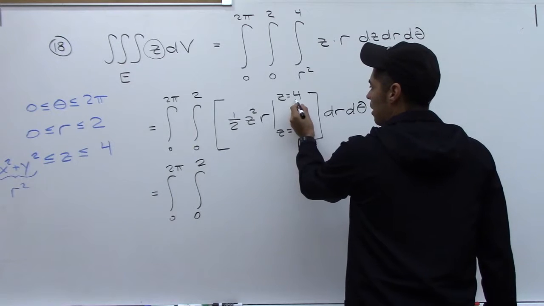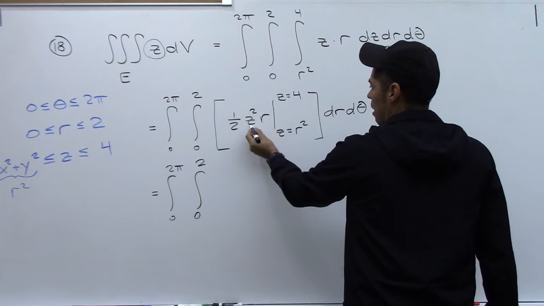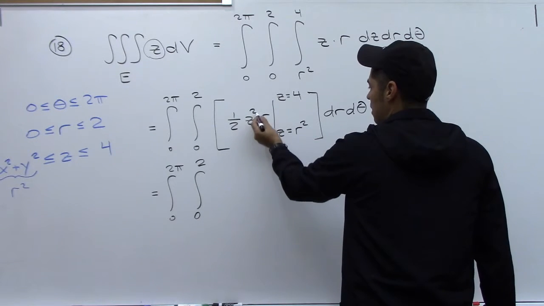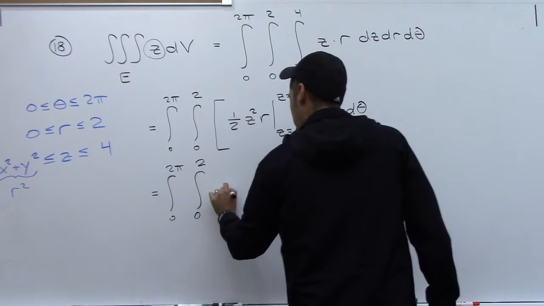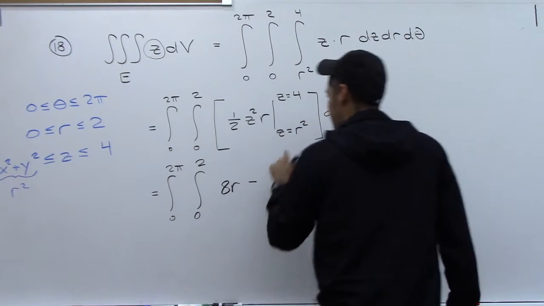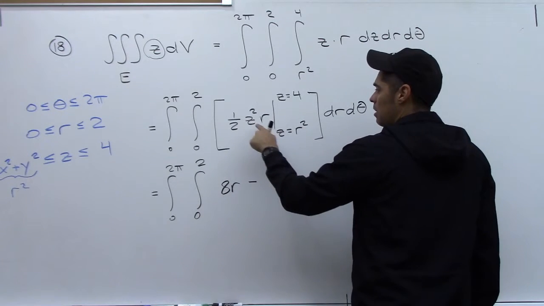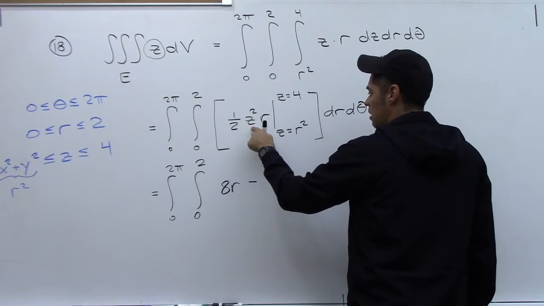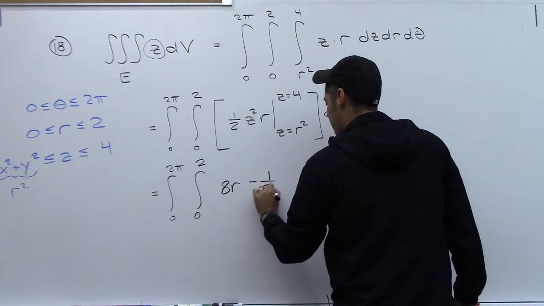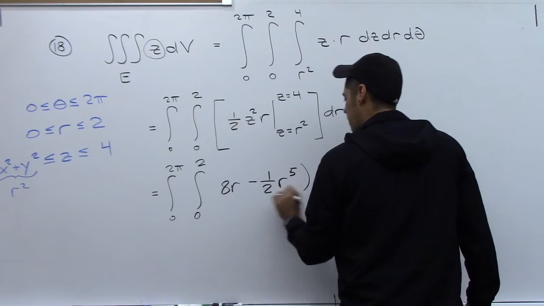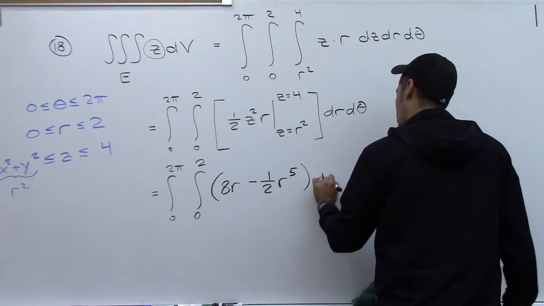Okay, plug in 4 for z. 4 squared is 16. Half of 16 is 8, so I get 8r. Minus, now replace z with r squared. r squared squared is r to the 4th, times r is r to the 5th. So I get 1/2 r to the 5th. And then dr d theta.